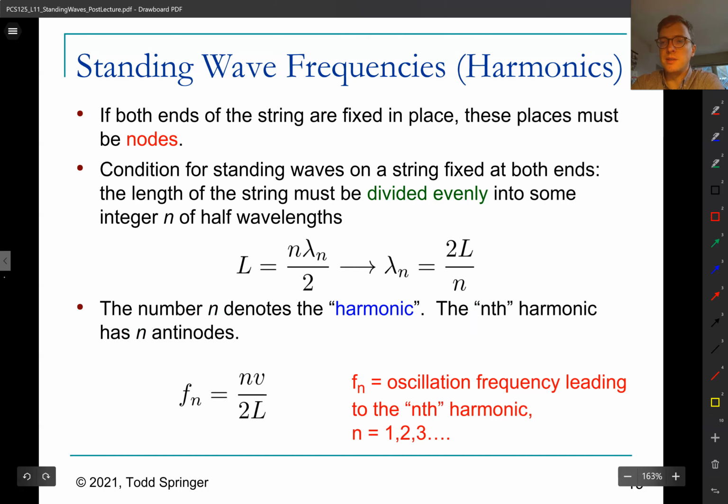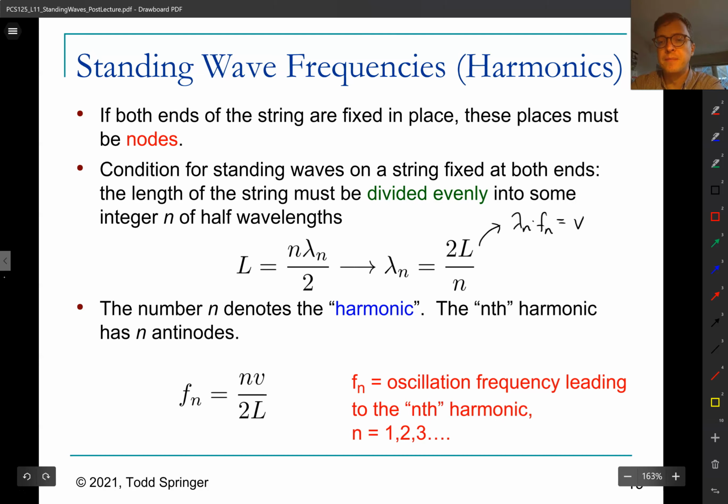Hopefully this makes sense. I'll show some pictures in the next slide. If I start with this condition, knowing that the length of the string has to be evenly divisible by half wavelengths, I can also think about what frequencies I need to oscillate the string at in order to meet that condition. Remember, we know that lambda n times fn is equal to v.